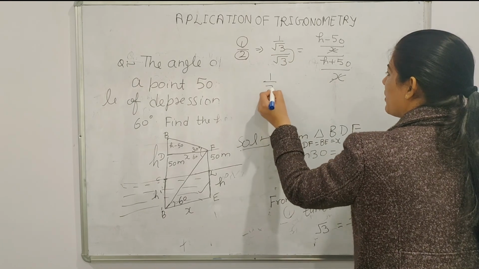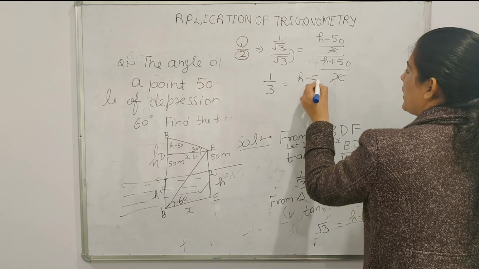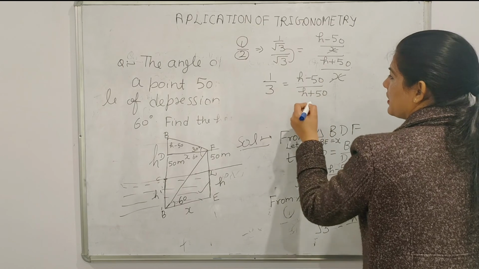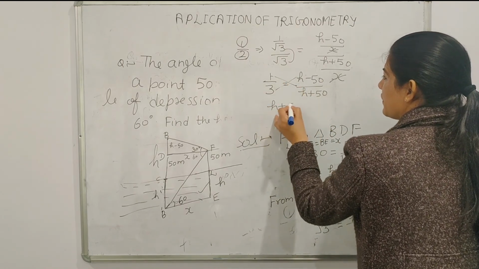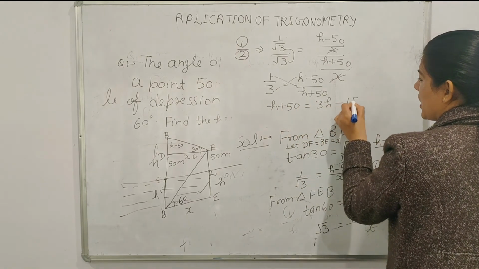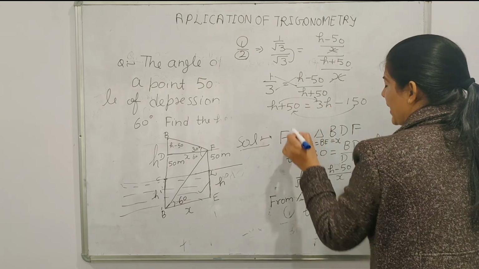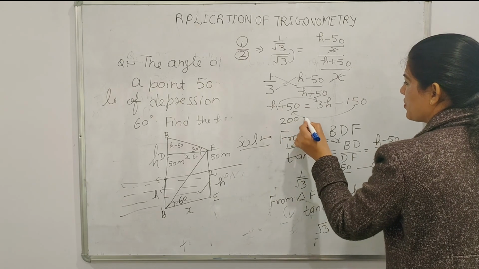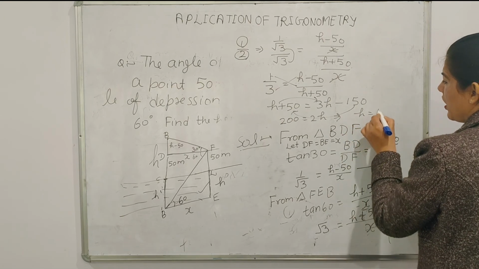So it gives you 1 upon 3 is equal to h minus 50 upon h plus 50. By cross multiplying, we have h plus 50 equals 3h minus 150. Take h to the right-hand side and 150 to the left-hand side. We have 200 equals 2h. So h equals 100 meters.